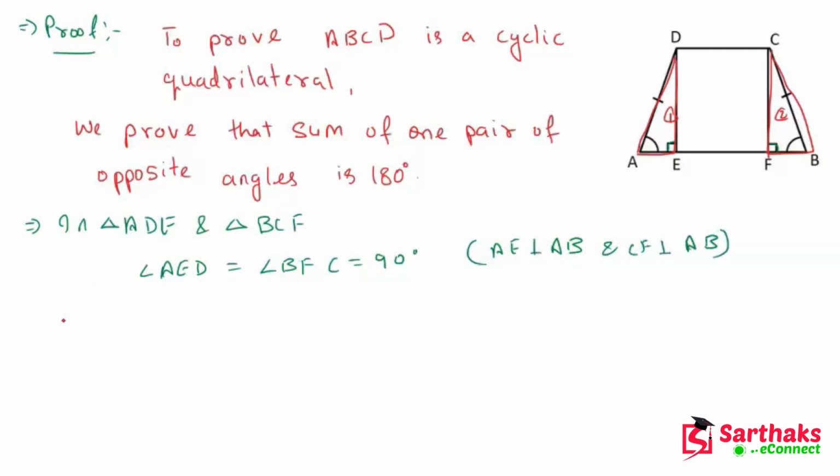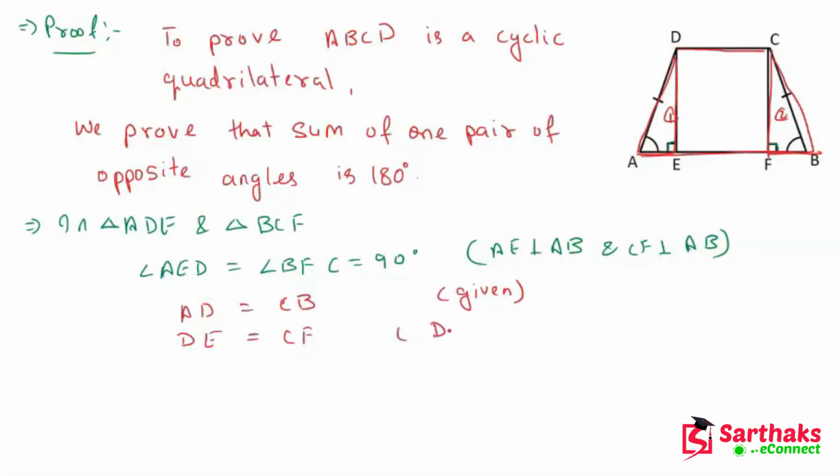Also AD is equal to CB, this is given in the question. And DE is equal to CF because the distance between parallel sides is equal. We know that DC is parallel to AB, so the distance between these two parallel sides is equal.